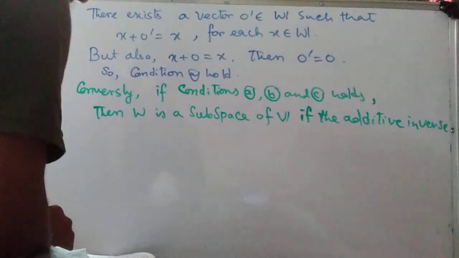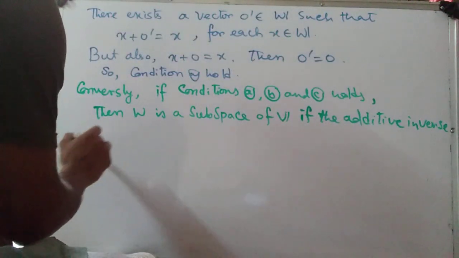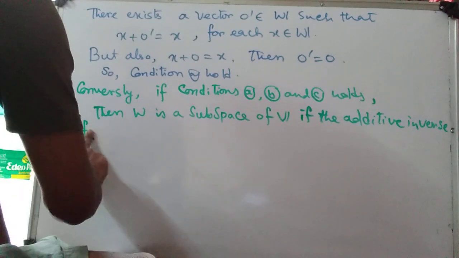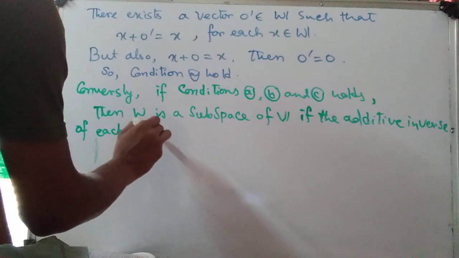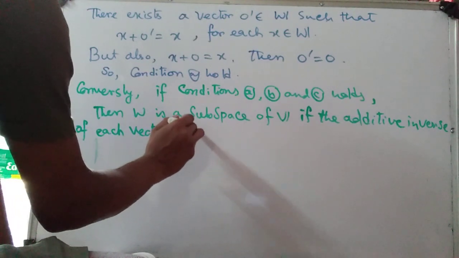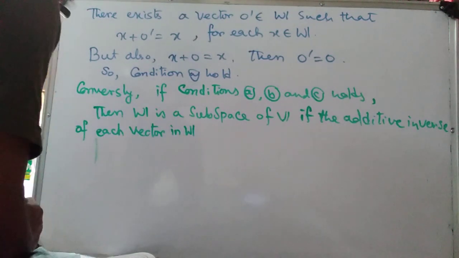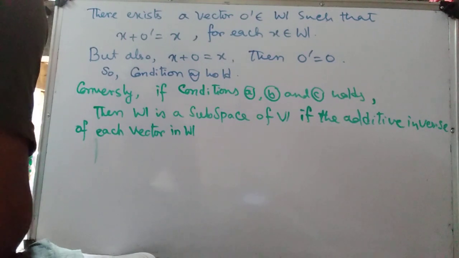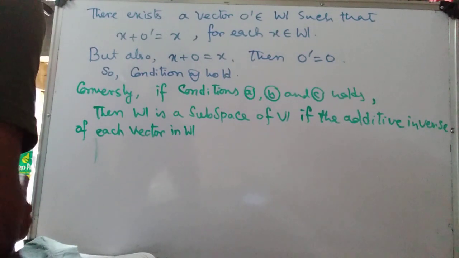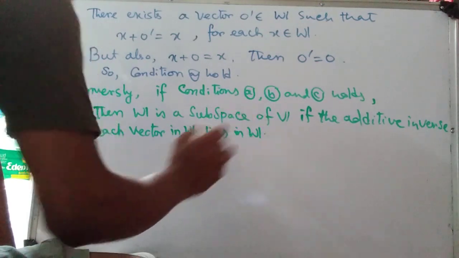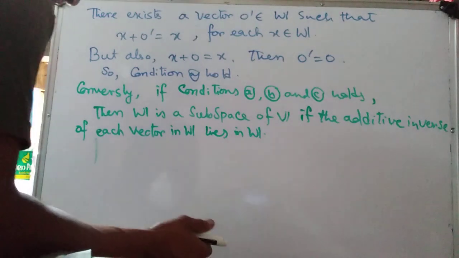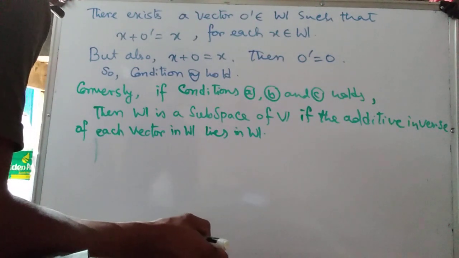If the additive inverse of each vector in W lies in W, then what happened?